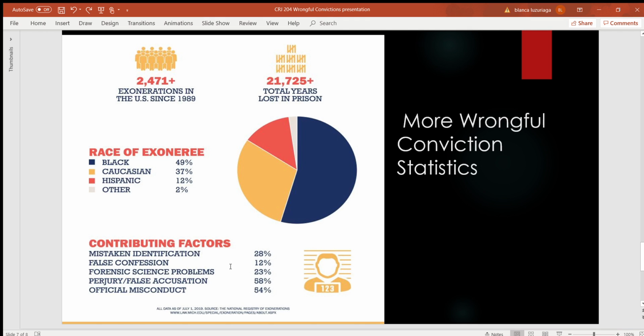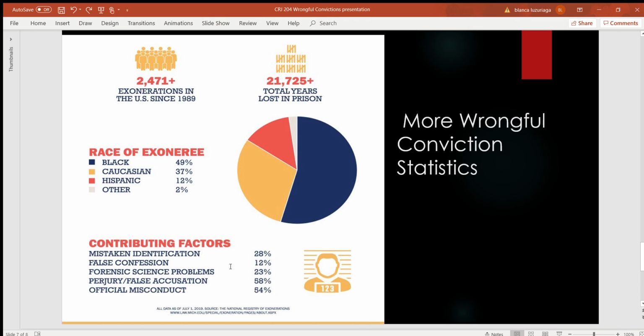Now when it comes to race, 49% were black, 12% have been Hispanic, 37% have been Caucasian. It does show that there is a racial bias in the system because the group of individuals that have been wrongfully convicted the most are black people.